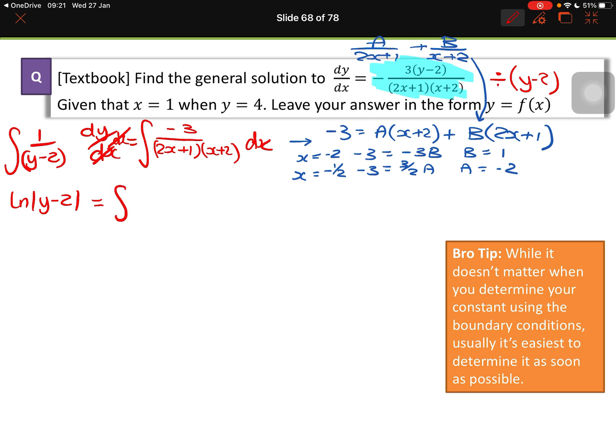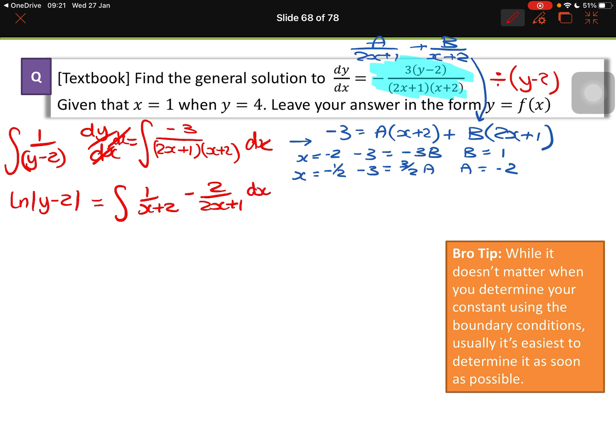So it's going to be minus 2 over 2x plus 1 and 1 over x plus 2. I'm just going to swap the order around so we keep the negative second. So we've got 1 over x plus 2, so I've just put b first, subtract 2 over 2x plus 1. And that still needs to be integrated with respect to x.